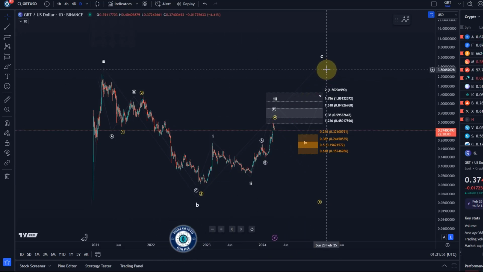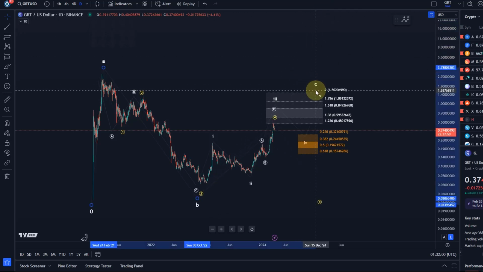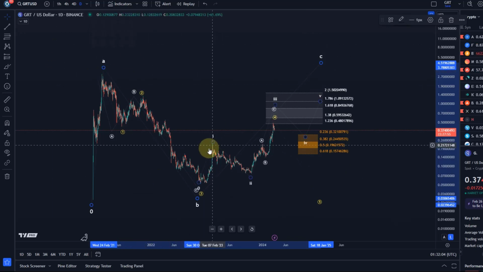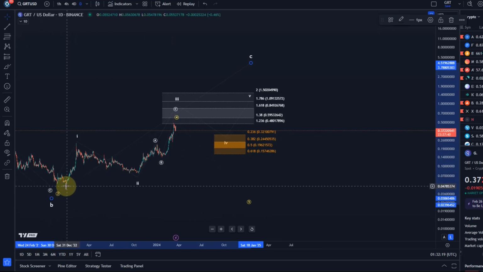The problem I have with that is this C wave ideally goes a little bit above A, right? It's a bit difficult. That means that the short-term pattern doesn't really have much confluence with the larger pattern. That's never good. An alternative interpretation would be that this here is a larger ABC structure.